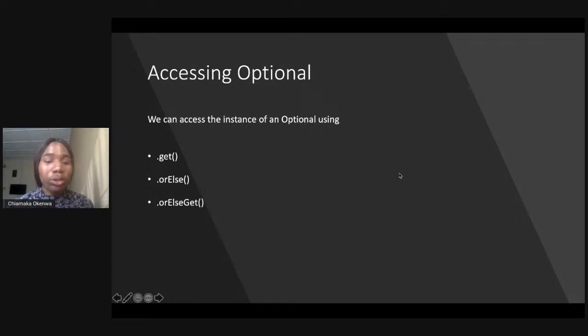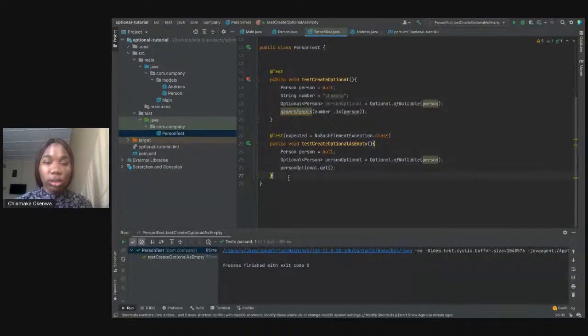Okay, so we're going to talk about three other methods when it comes to accessing optionals. I'm just going to copy this, not to waste so much time.